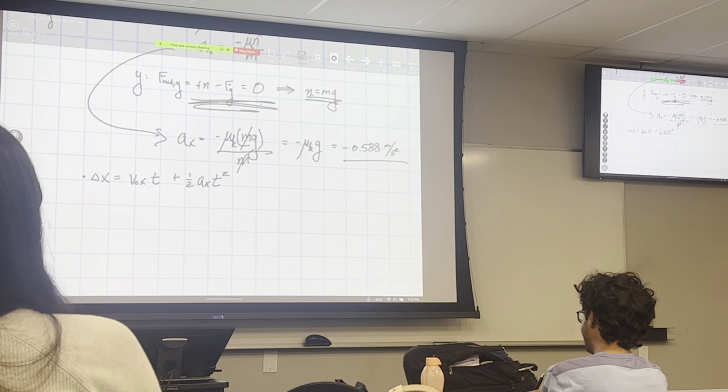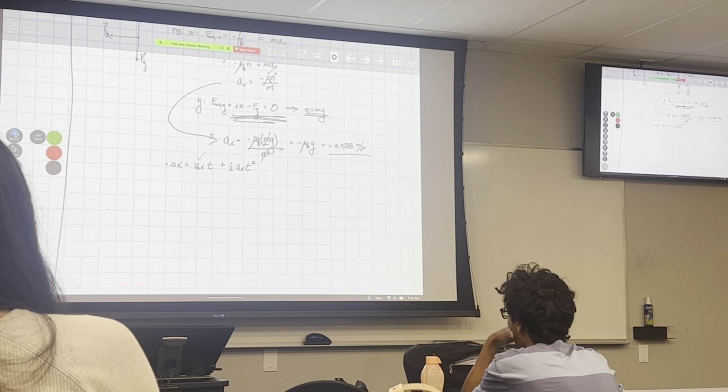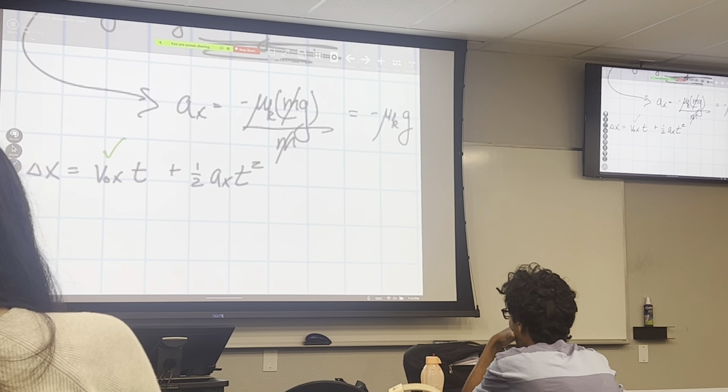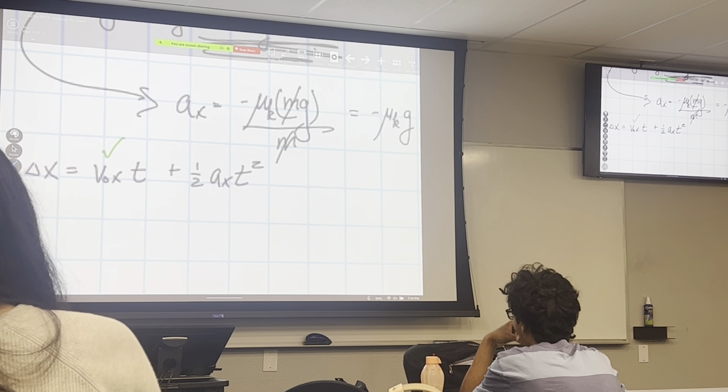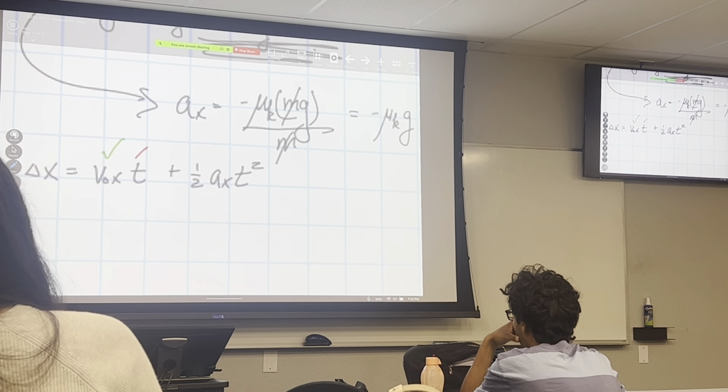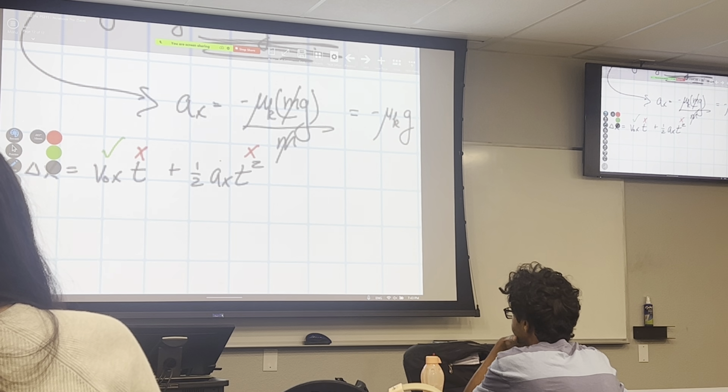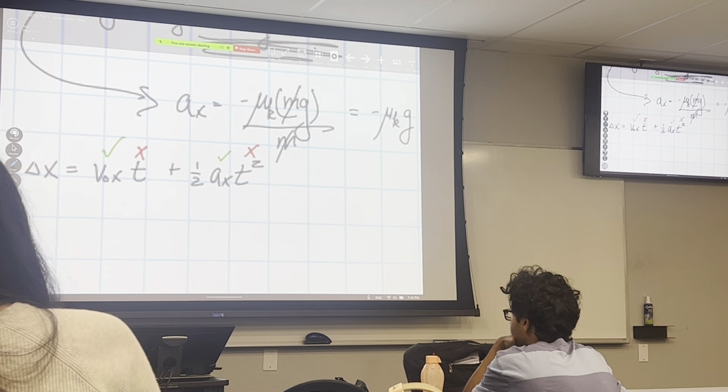Yes, 5 meters per second. Do we know the time that it takes for the box to reach its final spot? And that answer is no. So we don't know the time, but we did just compute what that acceleration value will be.